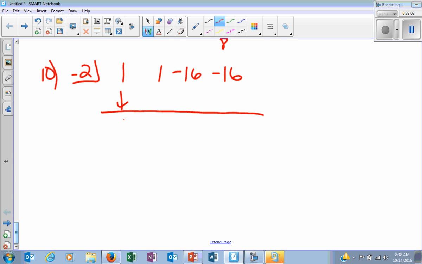Bring this down. 1. 1 times negative 2 is negative 2. This becomes a negative 1. That becomes a 2. This becomes a negative 14, which becomes a positive 28, which becomes a positive 8. Yes?